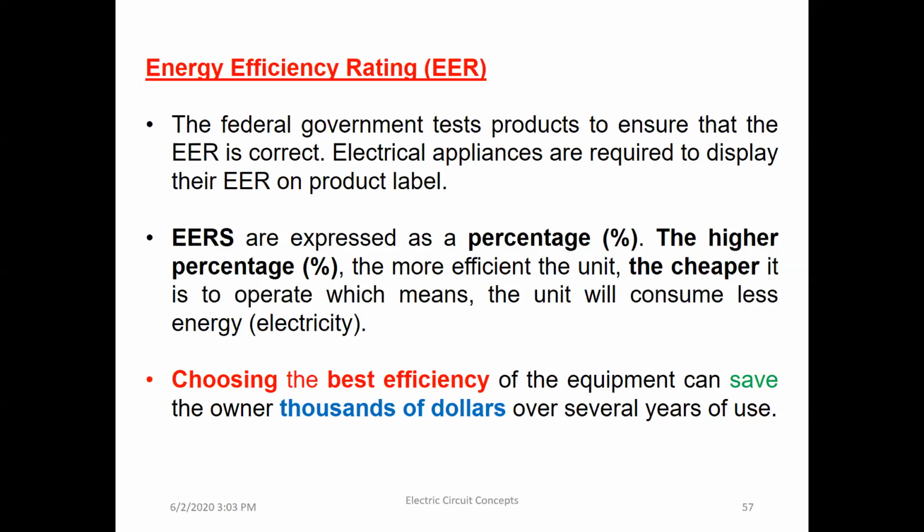EERs are expressed as a percentage. The higher the percentage, the more efficient the unit, and the cheaper it is to operate, which means the unit will consume less energy. So if we buy a high efficiency device or machine, it will use less energy.